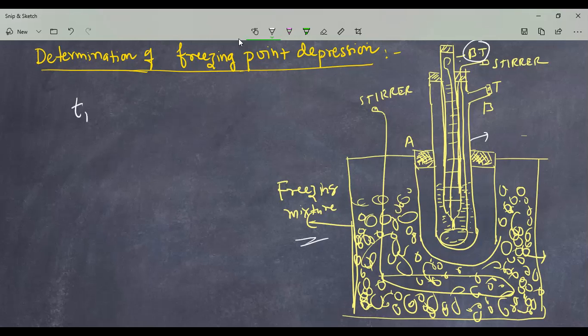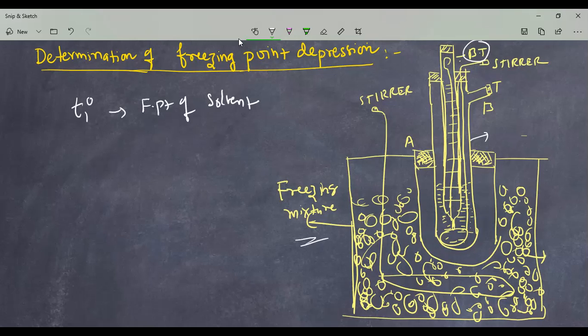So what is that? I have noticed the freezing point of the solvent in the Beckman thermometer. After that, the tube is taken out of the freezing mixture, and the solid solvent is remelted.